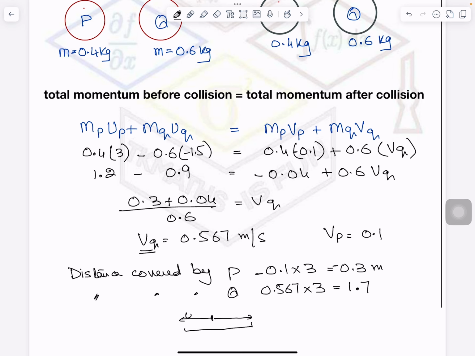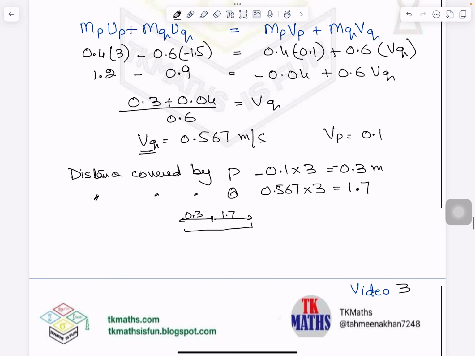So this is 0.3 and this is 1.7. Now if I want to see the distance between them, distance between P and Q is equal to 1.7 plus 0.3, which is equal to 2 meters.